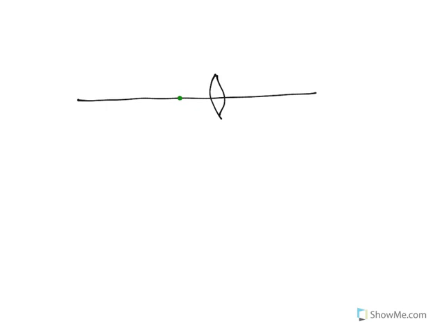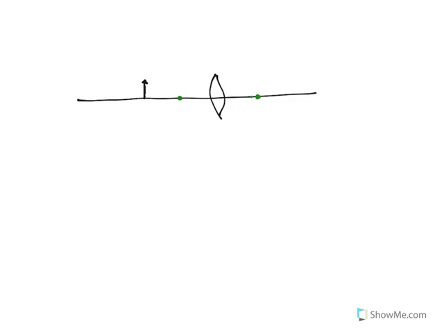I'm going to assume this lens has the same focal length on each side. So it's 10 centimeters on the left, and it's also 10 centimeters on the right. All right, let's say our object is placed 20 centimeters from the lens, so there's my object. So far it's set up just like a mirror, only instead of a mirror we have a lens.